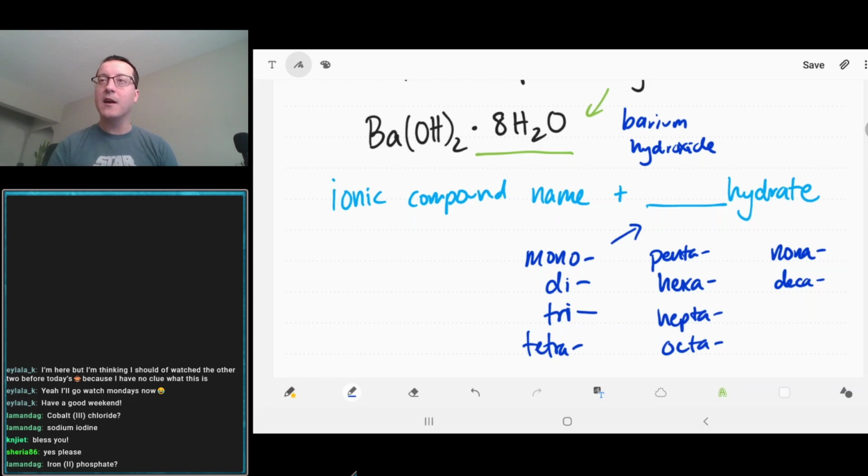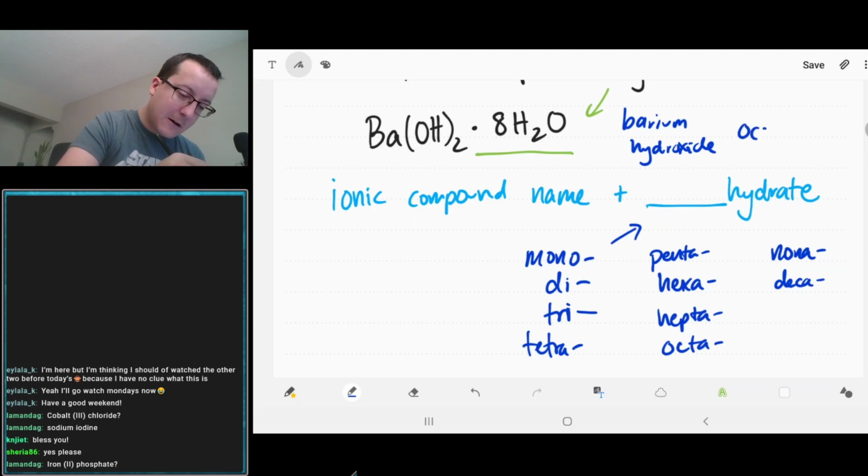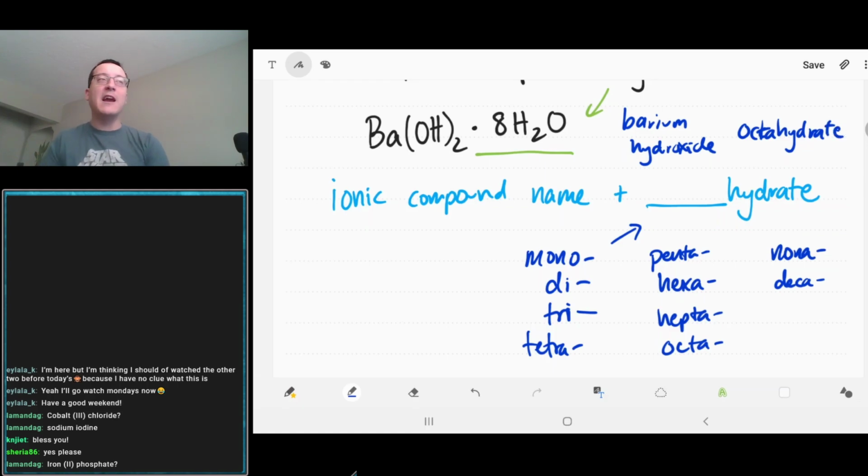Hydroxide being the polyatomic ion, barium being our positive one, and we would call this octahydrate to let us know there are 8 waters that are stuck on this barium hydroxide. So it's just a matter of using the right prefix to indicate how many you have.